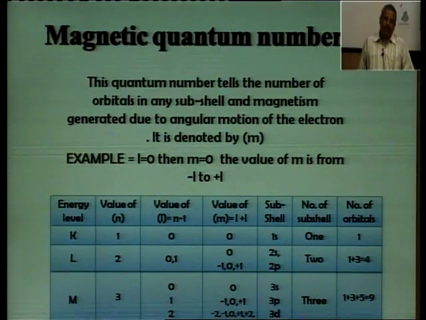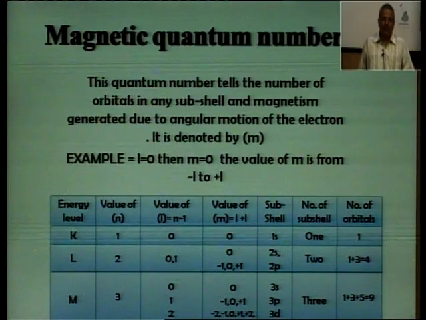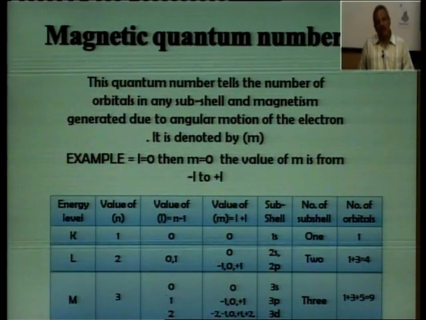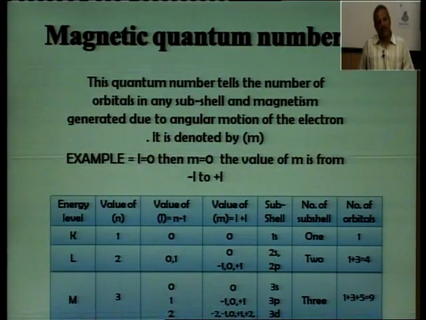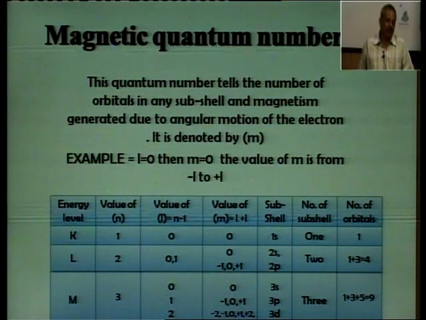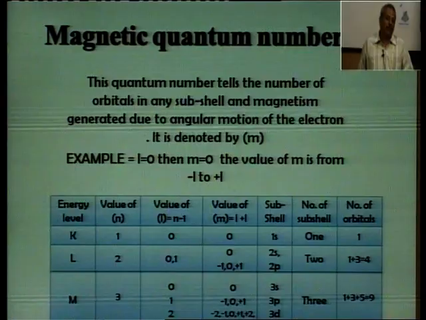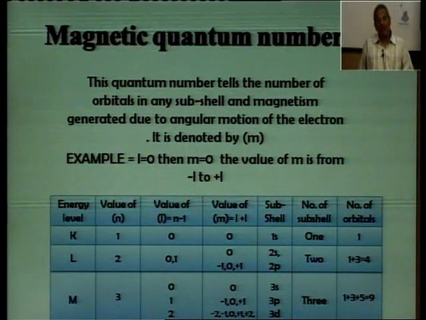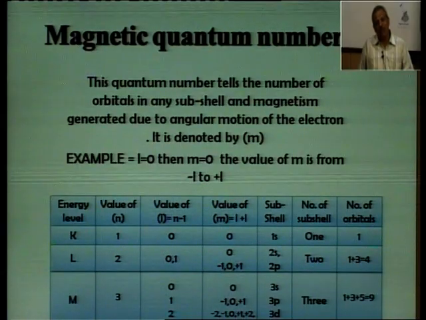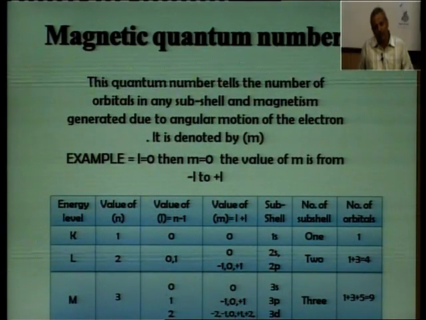If l has value 1, then m has three values minus 1, 0, plus 1. If l has value 2, then m has five values minus 2, minus 1, 0, plus 1 and plus 2.